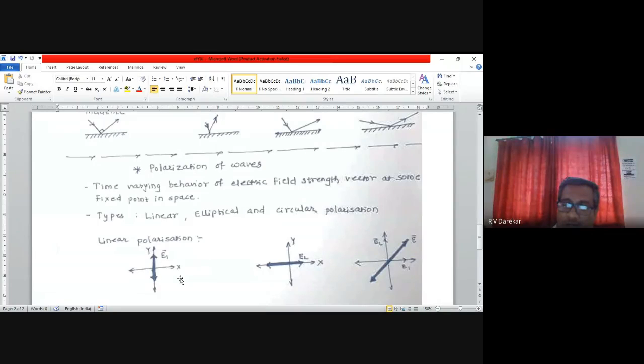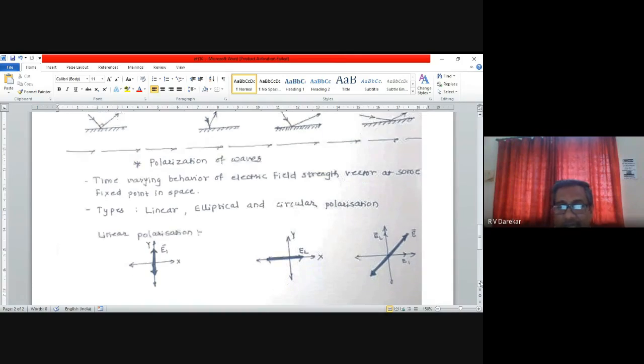If the electromagnetic wave shows its time varying behavior only in the vertical direction, or only in the horizontal direction, or only in an inclined direction, it is considered linear polarization, because it is just completing a simple line.